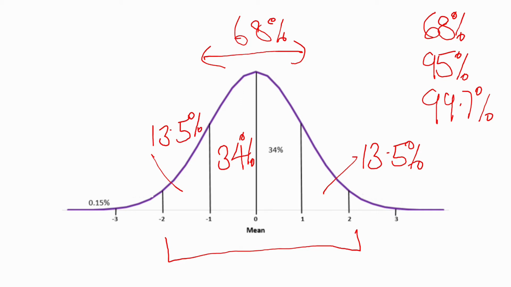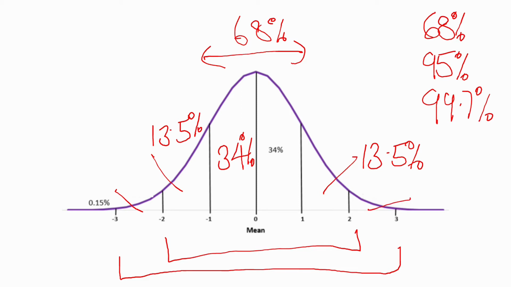And then finally, we know that 99.7% of our data is within three standard deviations either way. So if we were to do the calculation, 99.7 take away 95 leaves us with 4.7 left to share between these two bits here.